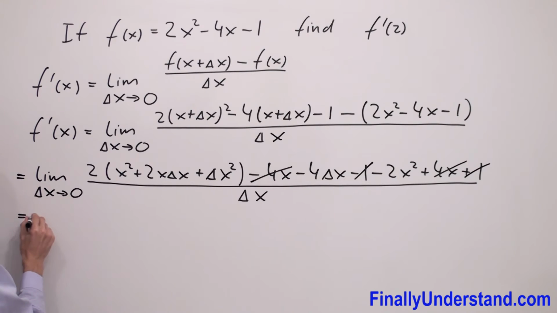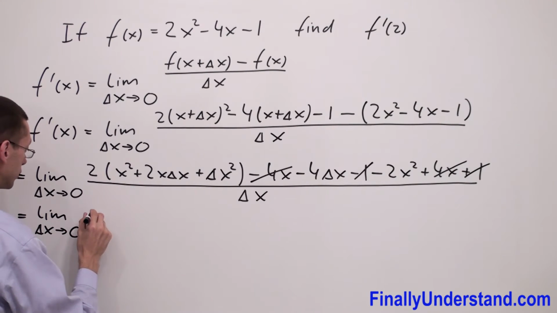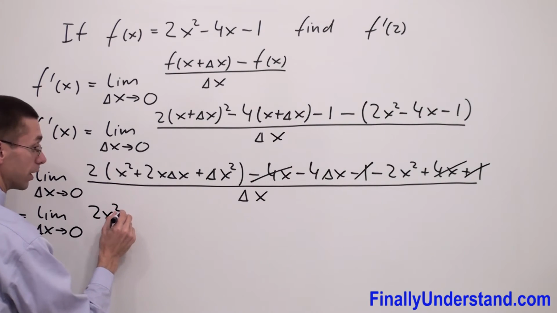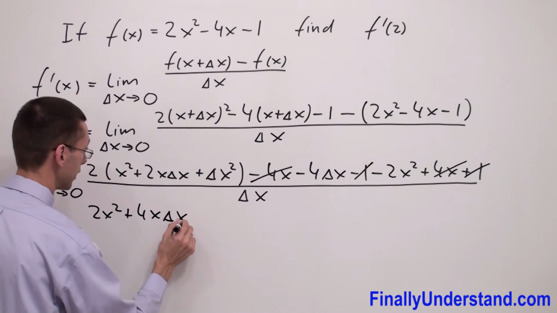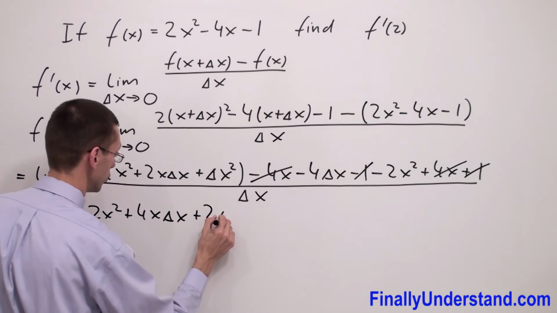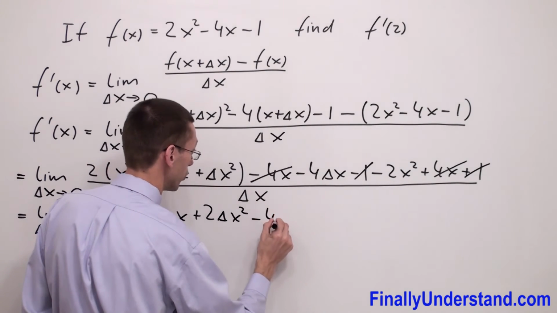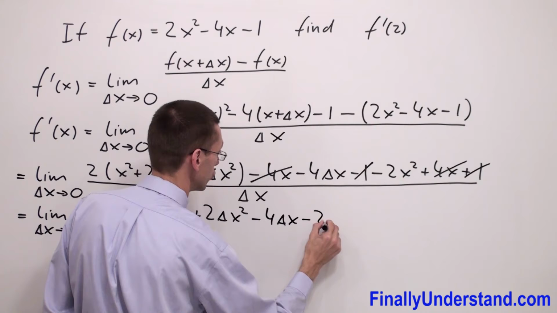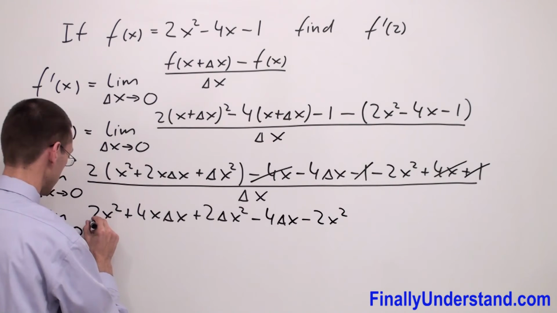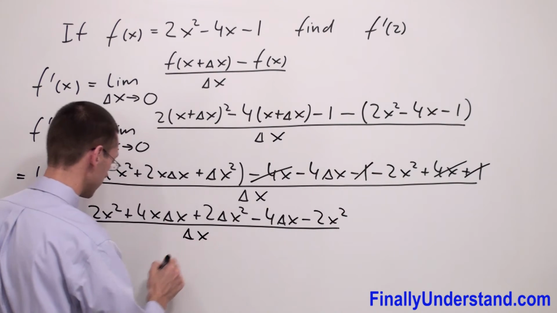Okay, so I have again limit with delta x approaching 0, and in the numerator I have 2x squared plus 4x delta x plus 2 delta x squared minus 4 delta x minus 2x squared, and everything over delta x.